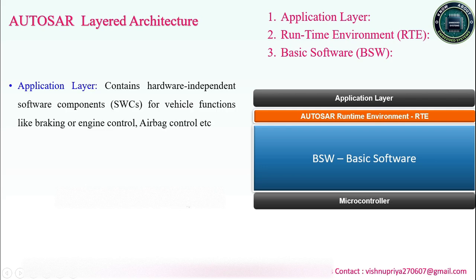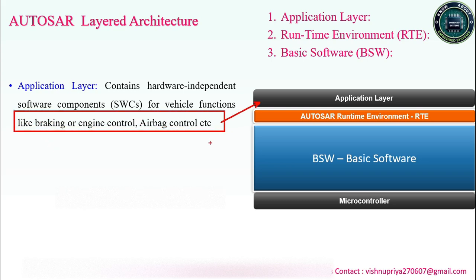The first one, application layer. So what it says, application layer. For example, take an example of an airbag system or a braking system. If you see here, this application layer, always we're going to develop software with respect to your application. So try to understand the word here. Application layer, what is the meaning of application layer? The software we're going to develop is directly related to your application.